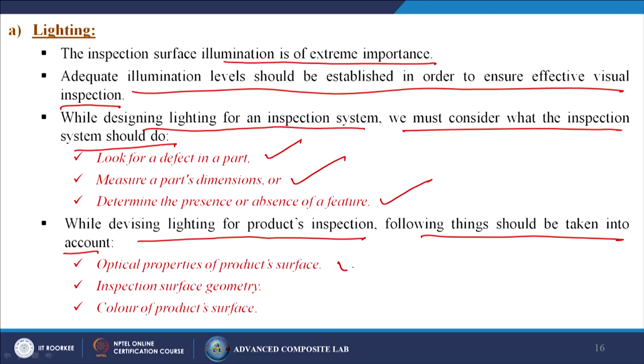Optical properties of the product surface: it should not be very glossy, otherwise the light will fall onto it and reflect directly to our eyes, so that we cannot see properly. Inspection surface geometry, and the last one is the color of the product surface. Sometimes it may happen that whatever light we put onto that material surface, it absorbs that light, so that we cannot see it properly.